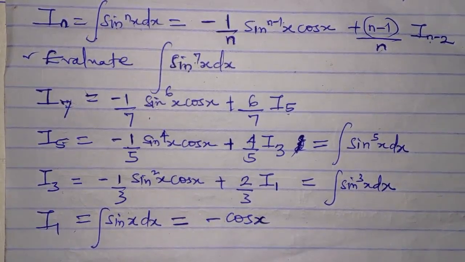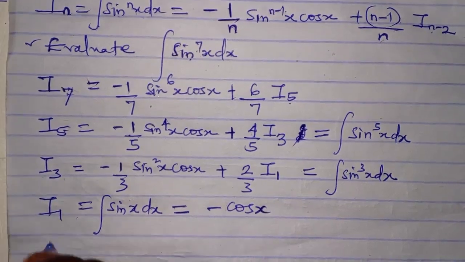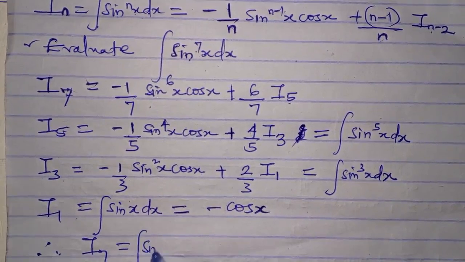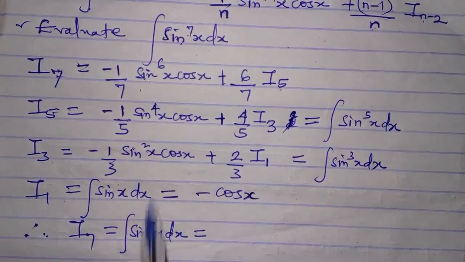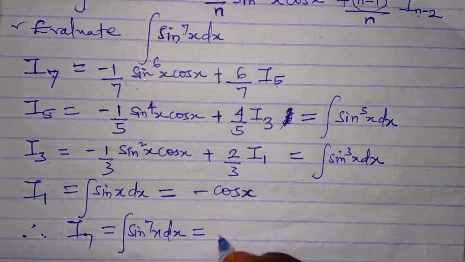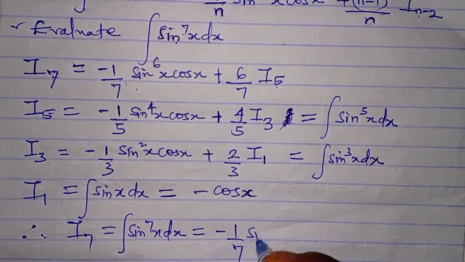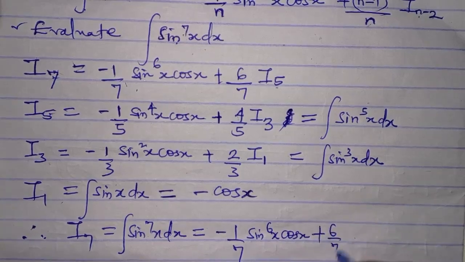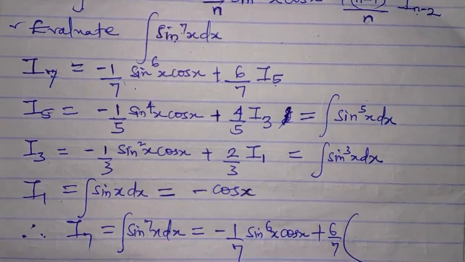Right? Let's neglect the concept of integration. Therefore, I7, which is the integral of sine 7x dx, is equal to, let's come from here now, minus 1 over 7 sine 6x cos x plus 6 over 7. What's I5?